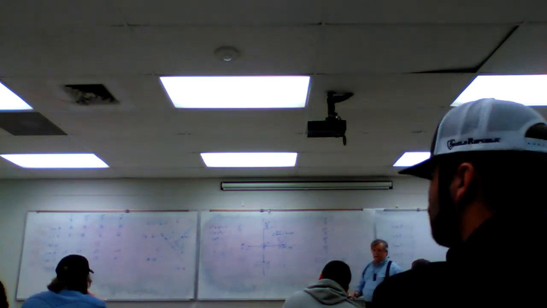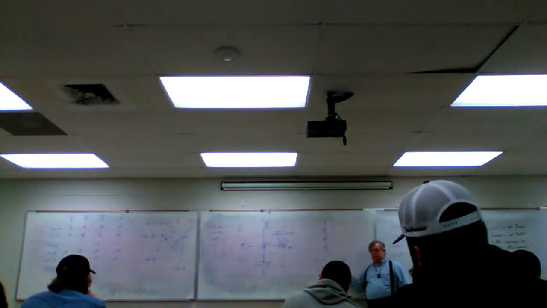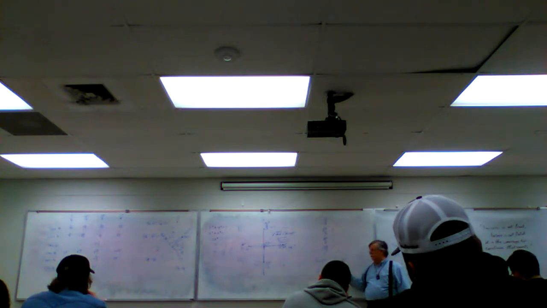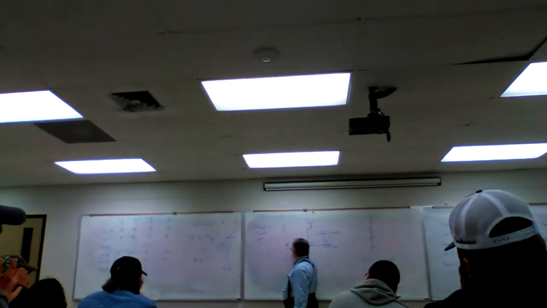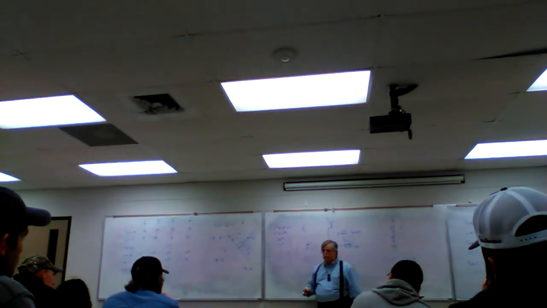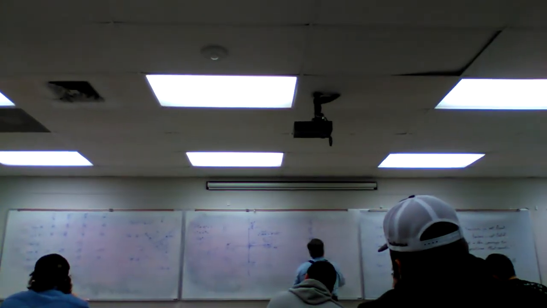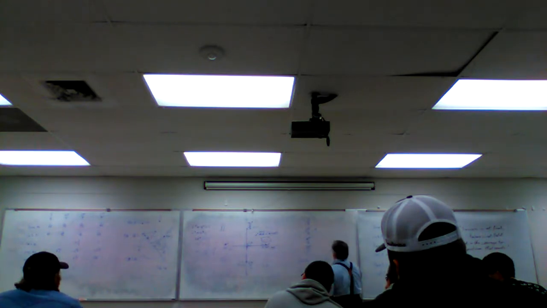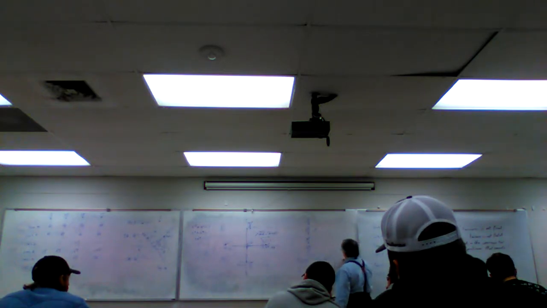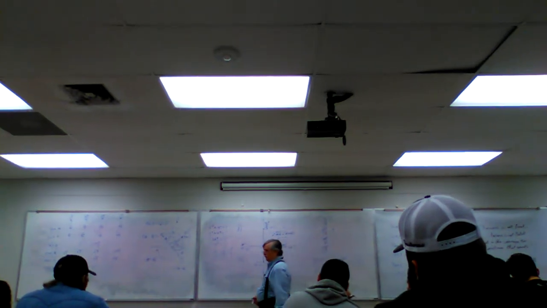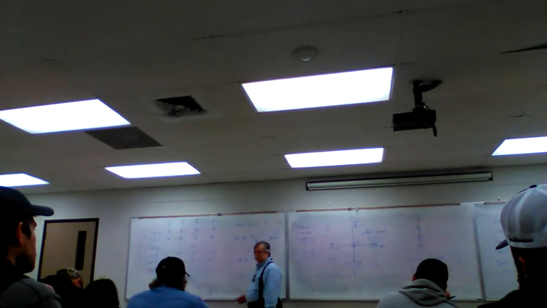What's the cosine of 180 degrees, which is pi? Negative 1. So the product of sine 45 times cosine 180 is negative 1 over the square root of 2. Exact value, no calculator needed.